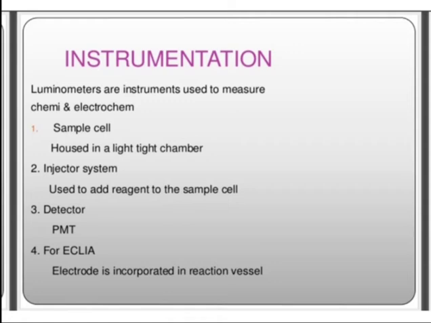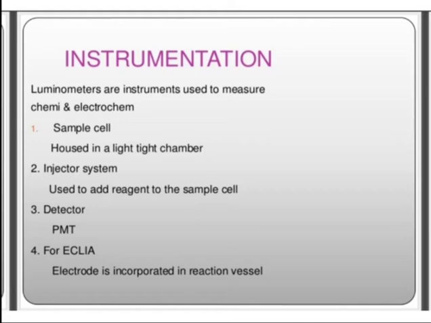But here there is a need for electrodes. The sample cell is again housed in a light tight chamber. Then the injector system is used to add reagent to the sample cell. Then the detector is the photomultiplier tube.